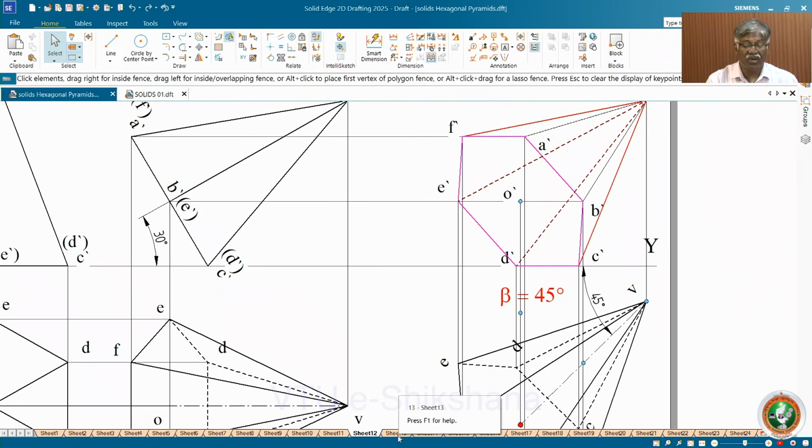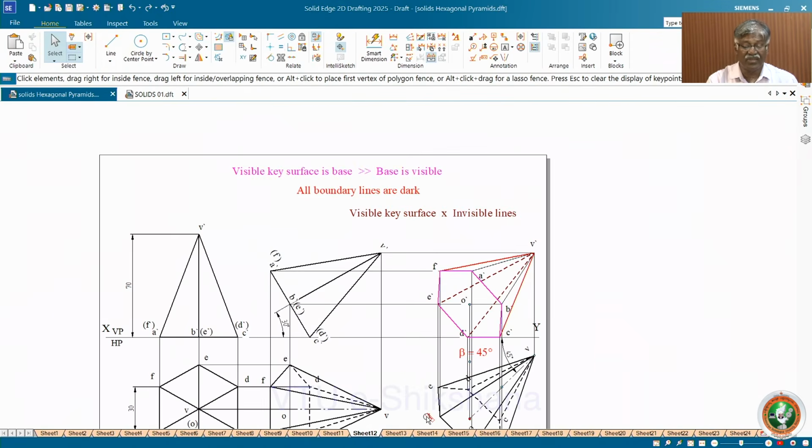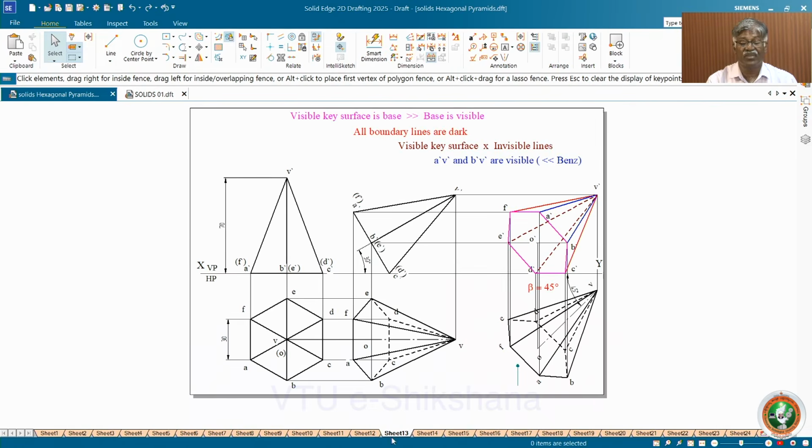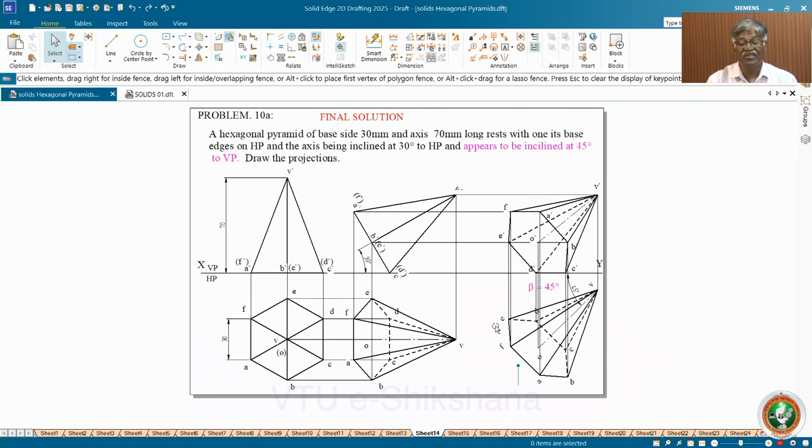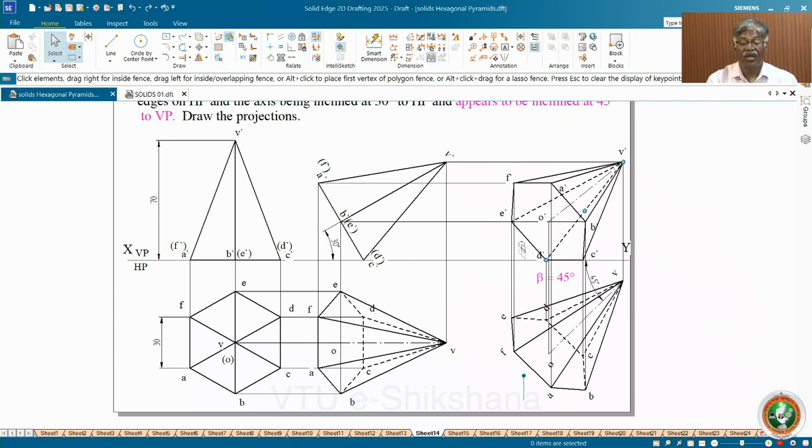Okay. Or otherwise in the farthest item method, one has to look for visibility nearest to the observer, etc. It's also easier. See. And in case of the farthest method, only these two are dotted, so we cannot easily identify that. In case of base nearer to the VP, it's easy for you to do that.